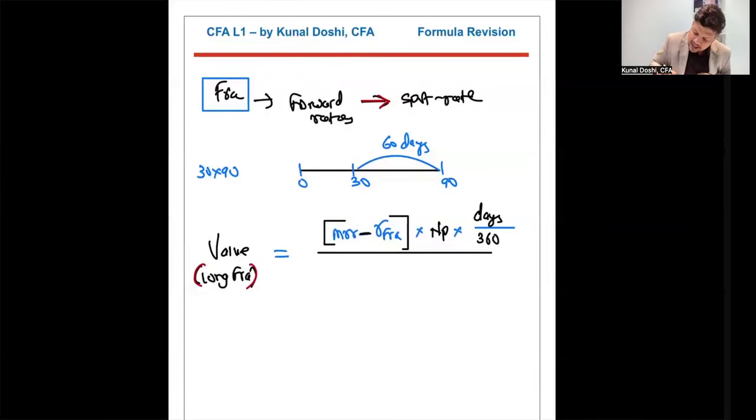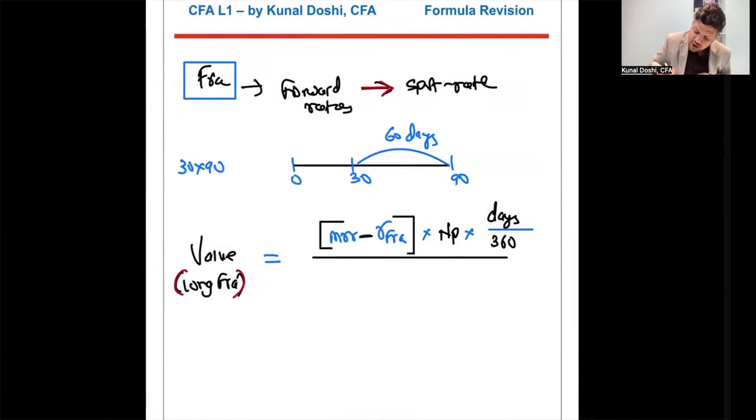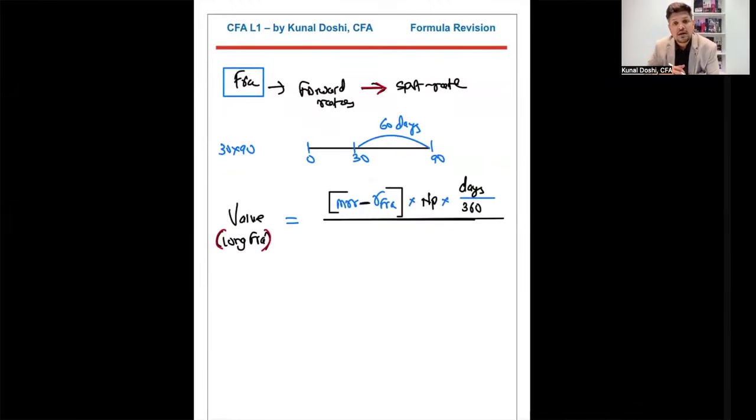Guys, here in my case, what is the duration of this FRA contract, the underlying loan duration? Can you help me? 30, 60 or 90? Yes, 60 days.